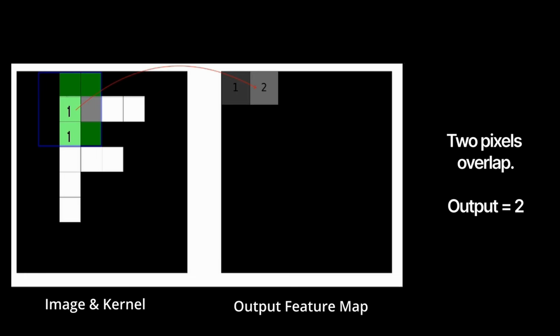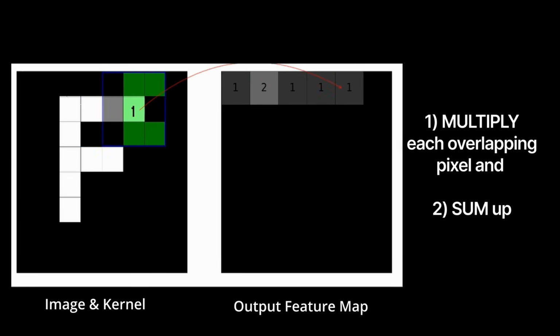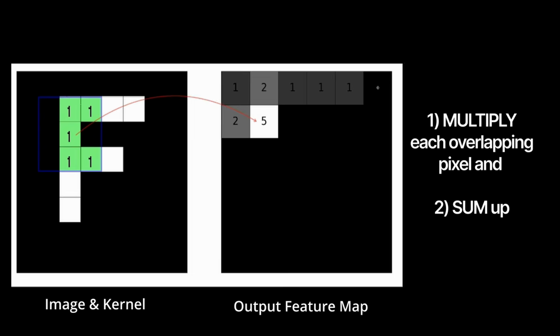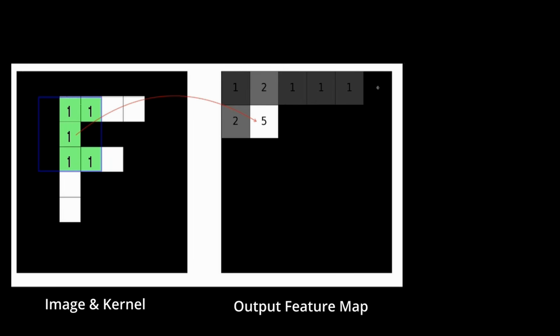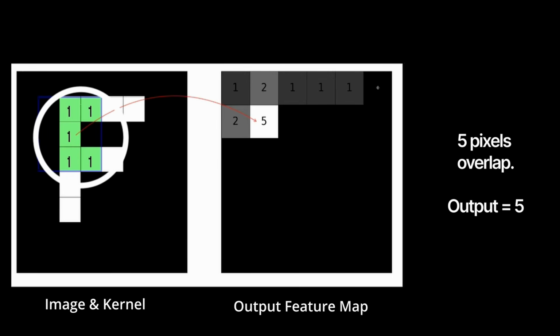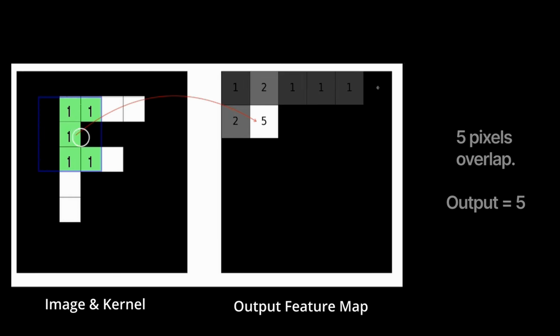Let's repeat the process for the rest of the image. At this position, we will see that all the kernel pixels align perfectly with f, outputting a 5, indicating that here we do have the strongest overlap.